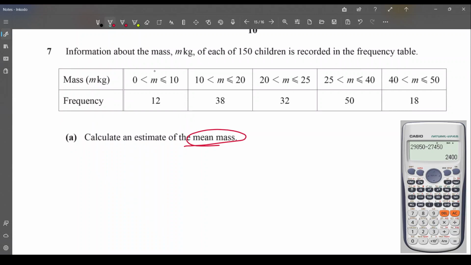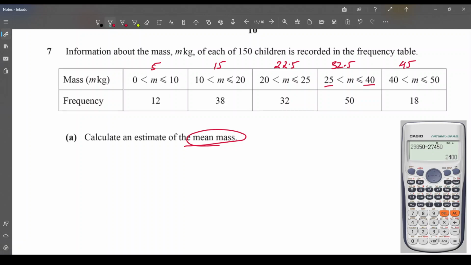So 10 plus 0 divided by 2 is 5. 10 plus 20 is 30, divided by 2 is 15. 25 plus 20 is 45, divided by 2 is 22.5. 40 plus 60 is 65 is wrong, so adding and dividing by 2 we get 32.5. Then 40 plus 90, 90 divided by 2 is 45.